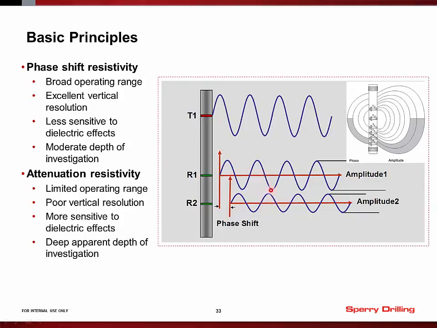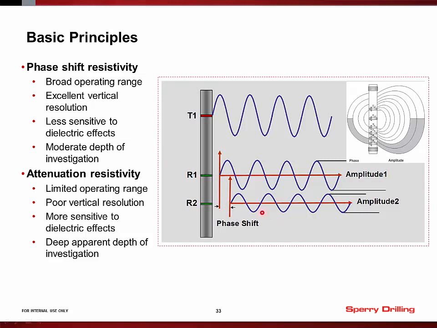And the degree of attenuation, the amount of attenuation that happens in that interval, is a function of the formation resistivity. So by measuring that change, in fact, what we do is we take the ratio, the amplitude ratio between these two signals, and then we can calculate from that what the resistivity of the formation was in that interval.